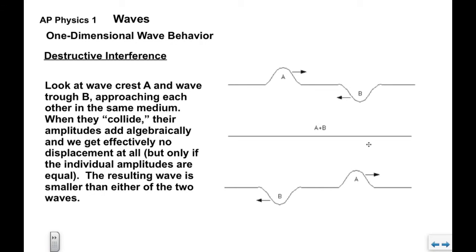Again, they continue moving past the interaction like nothing happened. So here's B continuing to the left, here's A continuing to the right, as if the interaction never happened. This again is called destructive interference because the resulting amplitude is smaller than either of the two waves that were added to create A plus B.